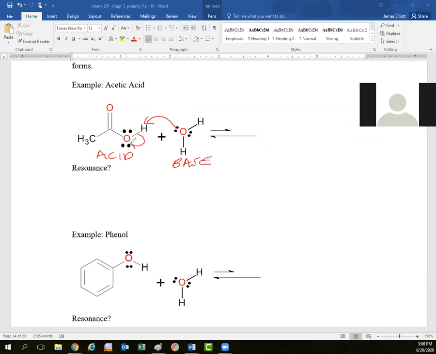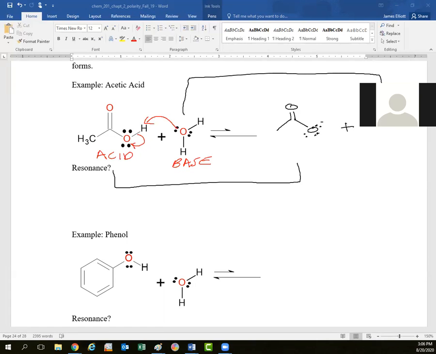The electrons in the bond retreat back to the oxygen, and so we produce the conjugate pair. Conjugate of the acid, which will be a base, with a negative charge, and the conjugate of water having picked up a proton, the hydronium ion.